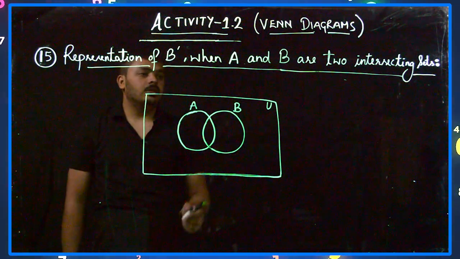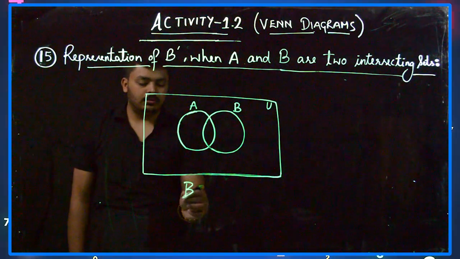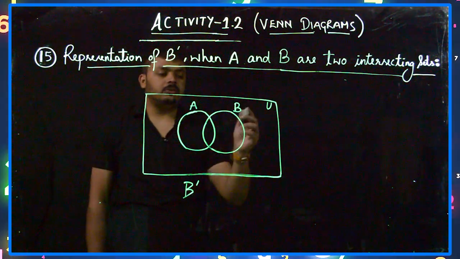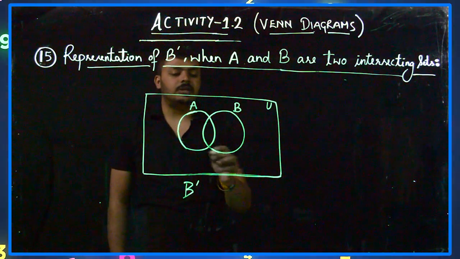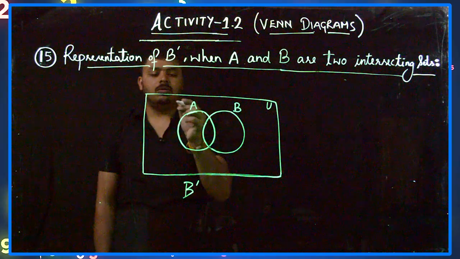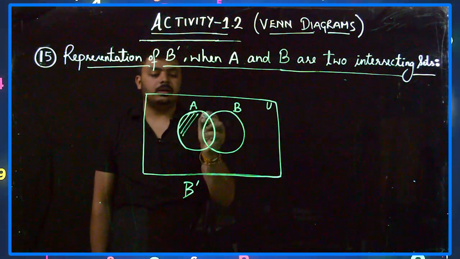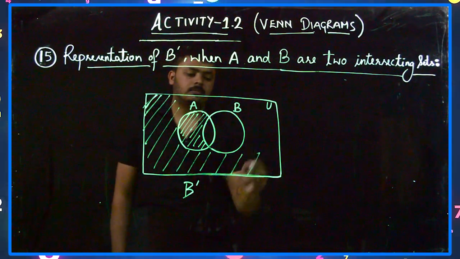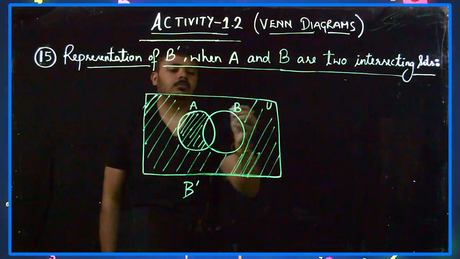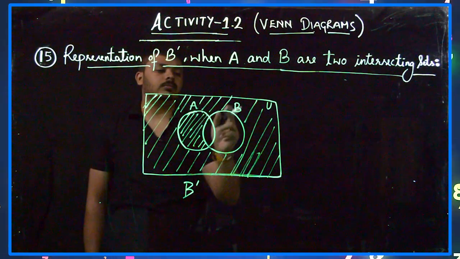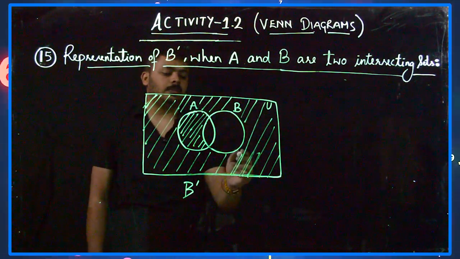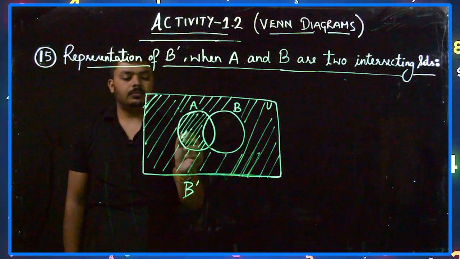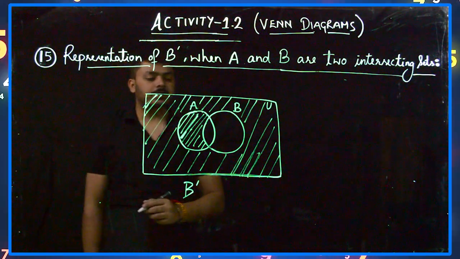Now the complement of B, that is B complement, is all the elements of the universal set except the elements of set B. So the shaded region represents B complement when A and B are intersecting sets.